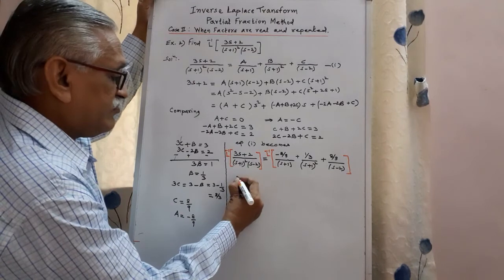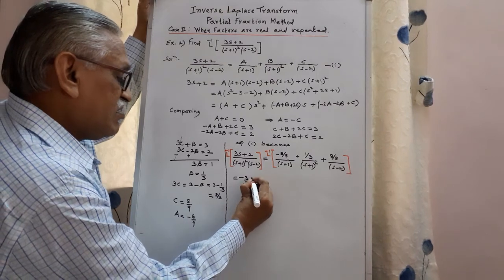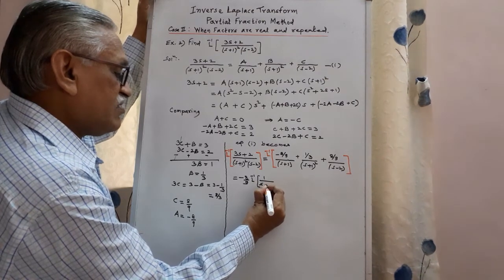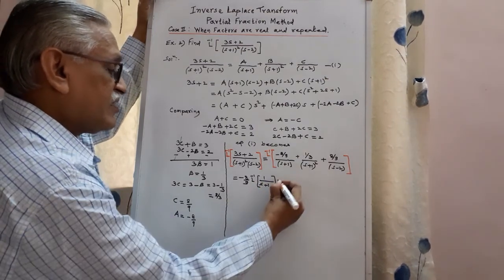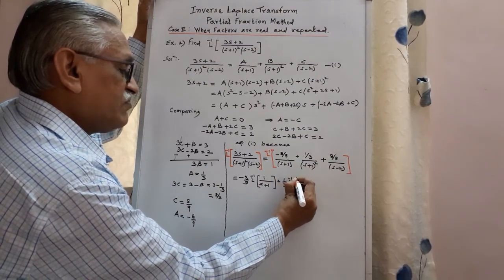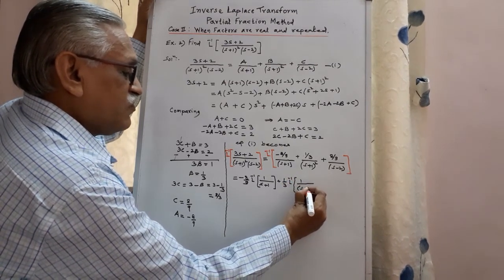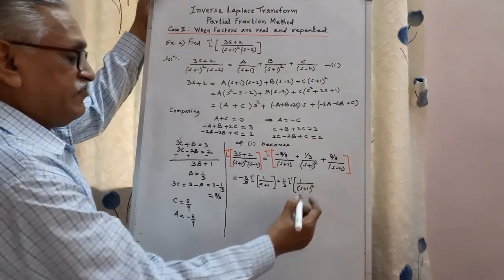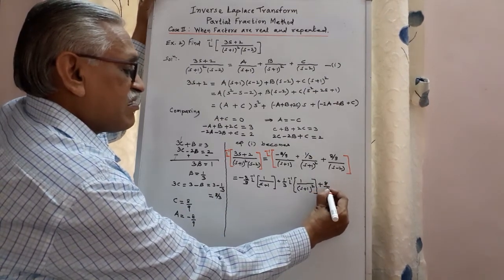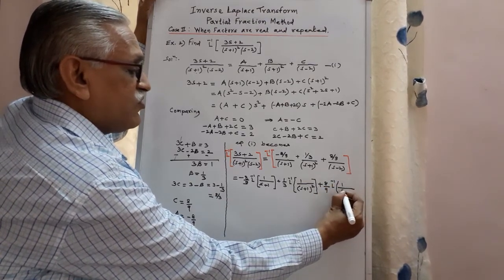Therefore, it is equal to minus 8 by 9 constant inverse Laplace of 1 upon s plus 1, 1 by 3 constant inverse Laplace of 1 upon s plus 1 bracket square, and plus 8 by 9 inverse Laplace of 1 upon s minus 2.